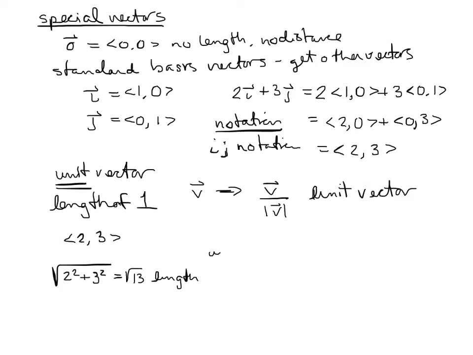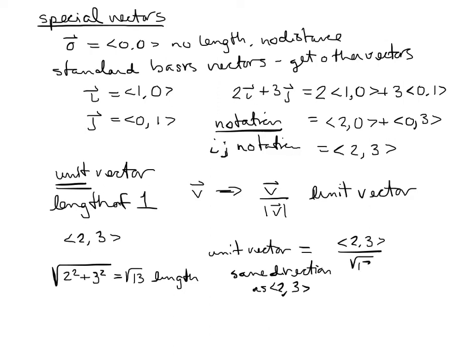And so in order to get the unit vector, which is in the same direction as 2, 3, we would take the vector 2, 3 and divide it by its magnitude. And that says unit vector right there. Looks a little weird. So a unit vector is in the same direction as the original vector. It just has a length 1, and you find it by dividing by magnitude.